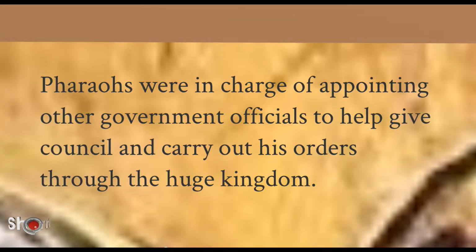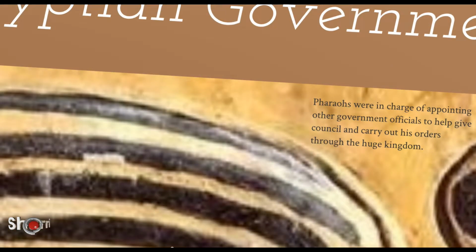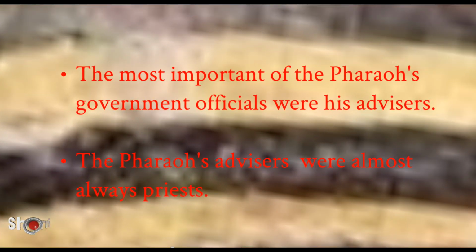Pharaohs were in charge of appointing other government officials to help give counsel and carry out his orders through the huge kingdom. The most important of Pharaoh's government officials were his advisors. The Pharaoh's advisors were almost always priests.